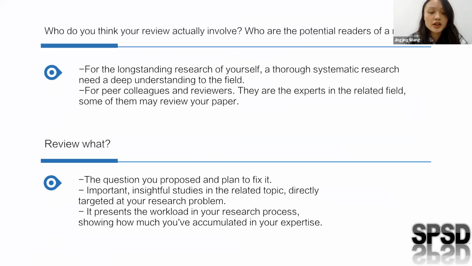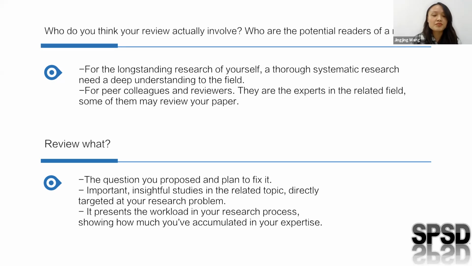And your review is also for peer colleagues and reviewers, because reviewers are the experts from your field. So remember to do enough work about it and don't ignore your possible reviewers.